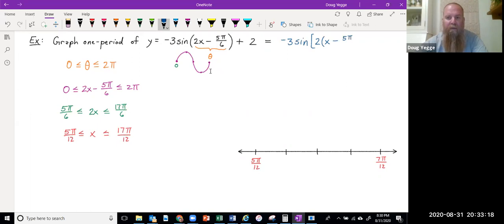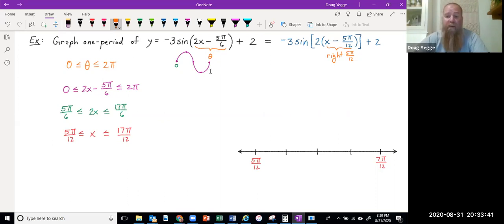So the only way that we could actually see the horizontal shift, if we choose to use that method, is by factoring out the coefficient of b, where we can now see that this actually shifted right 5 pi over 12, and not 5 pi over 6 like we may have expected.